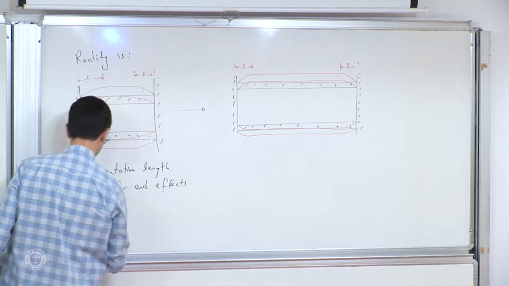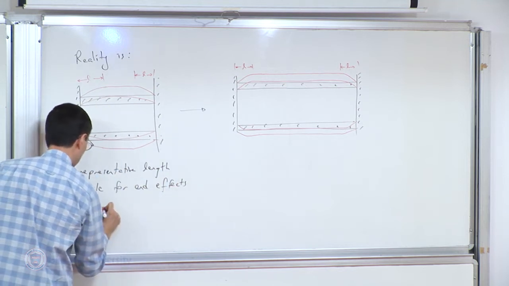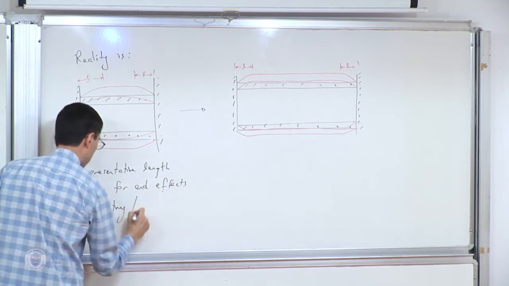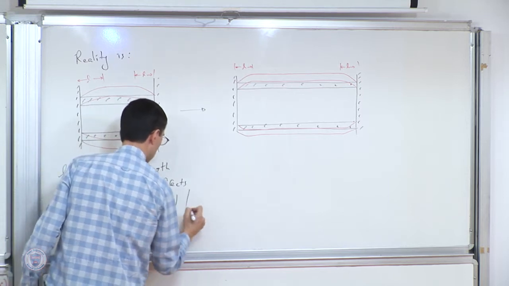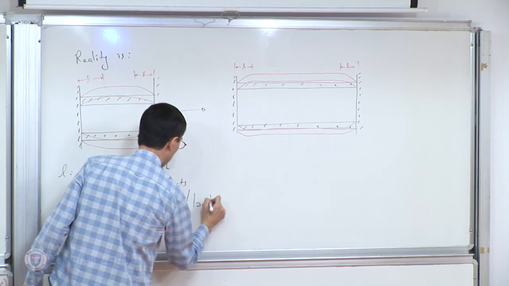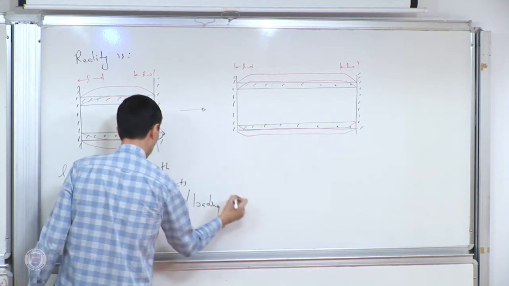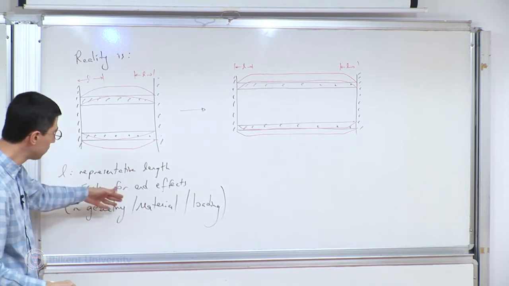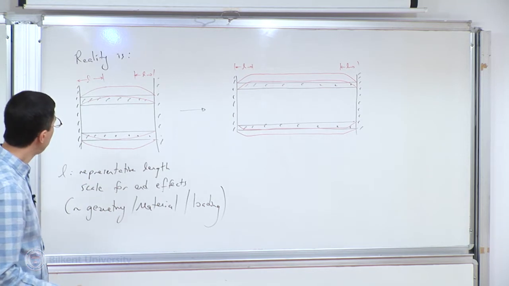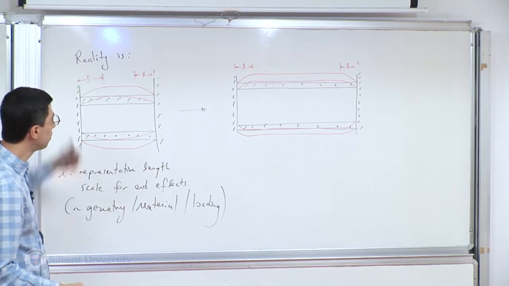And it has to do with geometry, material properties, and a loading. So if you torque or pull, those end effects might be of different absolute value, but eventually for a given setup of the problem, the end effect is of a certain dimension.